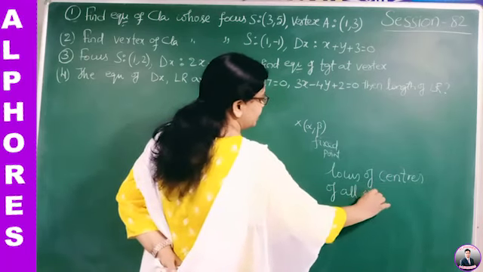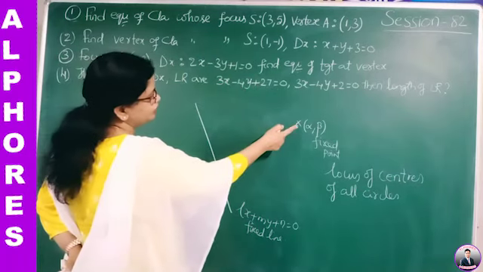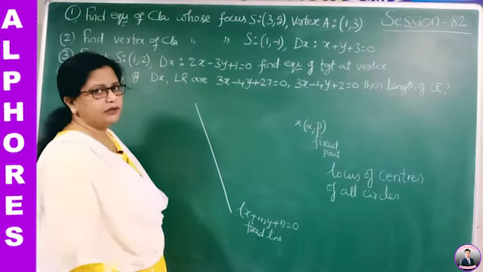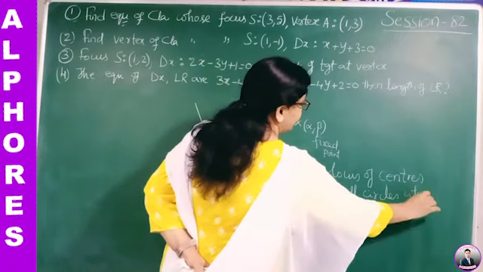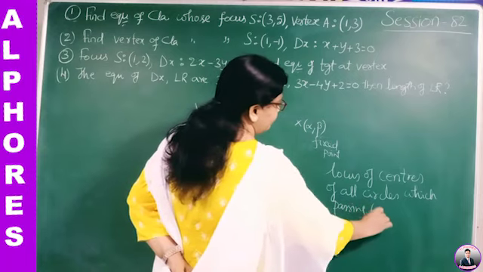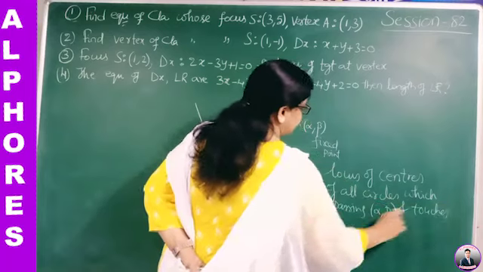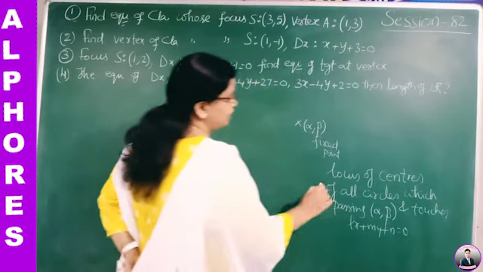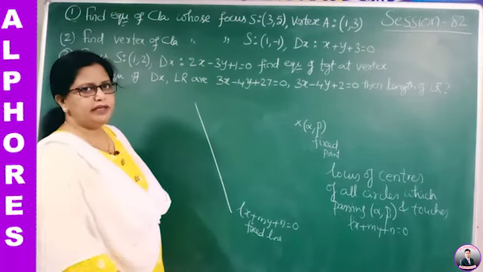And what is the nature of these circles? These circles pass through this point and at the same time they must touch the fixed line. These circles are all passing through the fixed point alpha comma beta, and touch the fixed line Lx plus My plus n equal to 0.